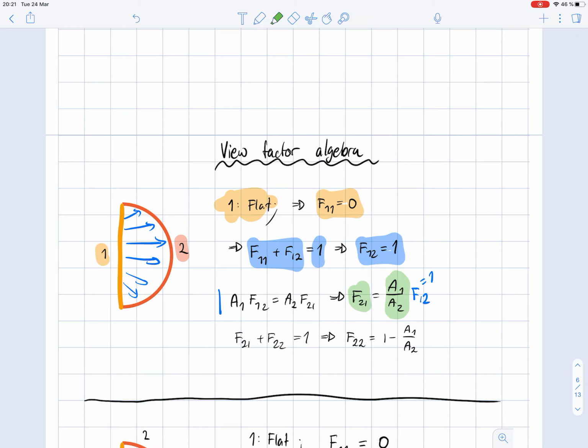And this again gives us the same value for F22, one minus the ratio of the areas. So this one is actually the first system we looked at, where we had a cylinder within a cylinder or a sphere within a sphere.